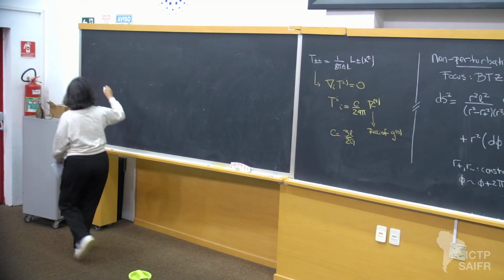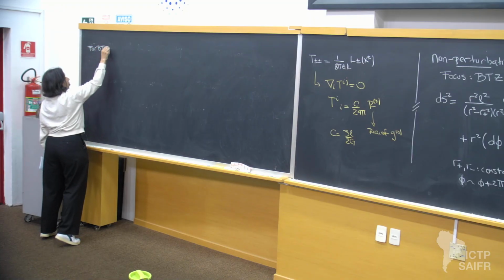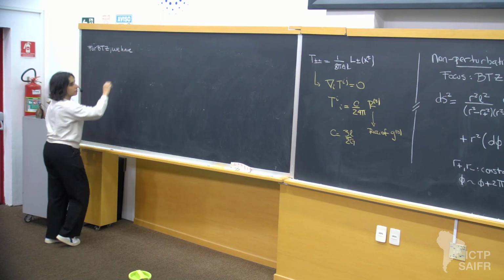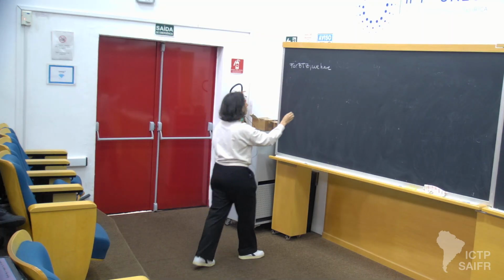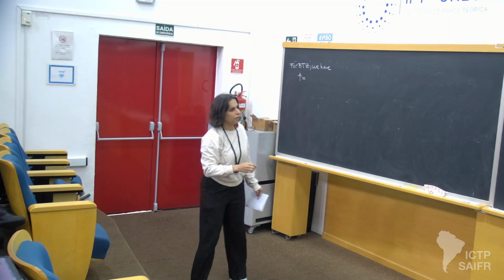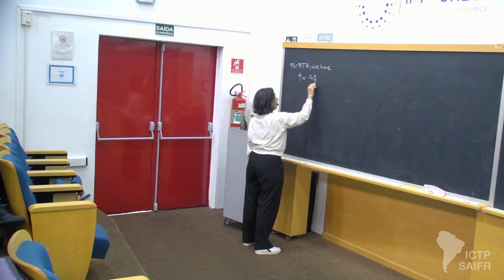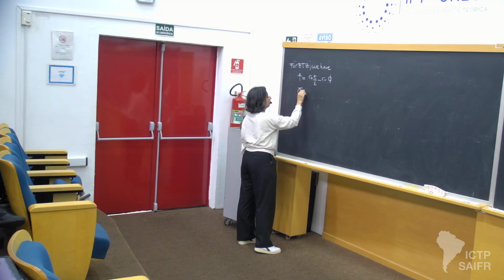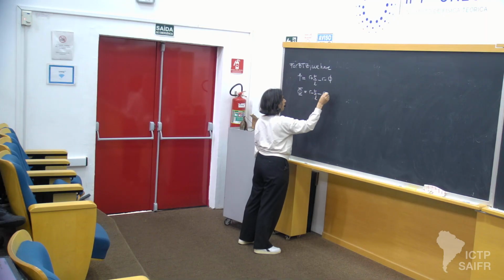So for BTZ, let's write down again what we have. We have that yellow box equation. So we have that T hat is equal to r plus over L t minus r minus times phi, and then capital phi equal to r minus over L t minus r plus times phi.